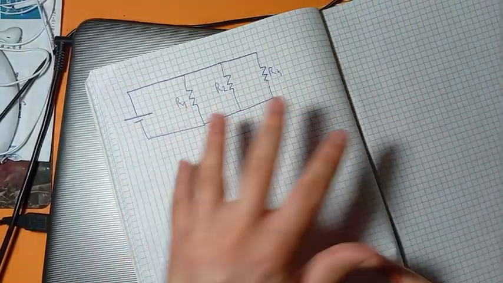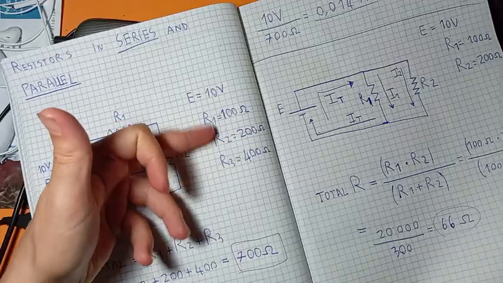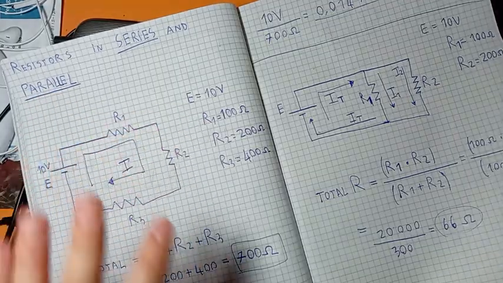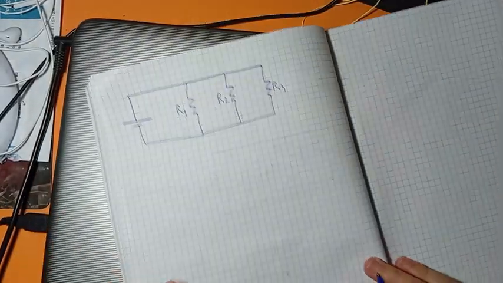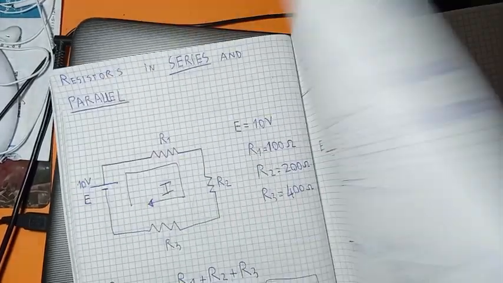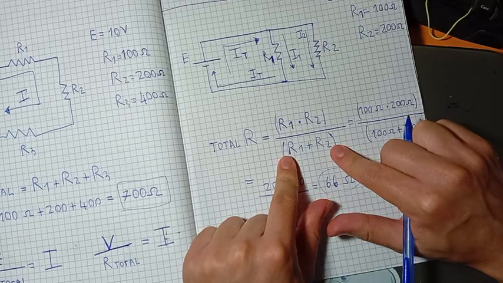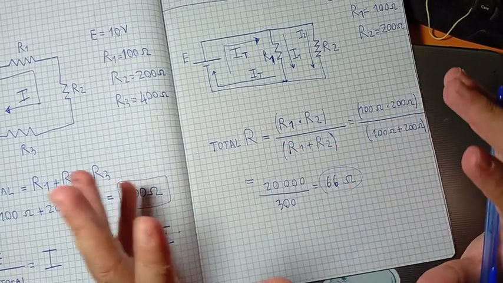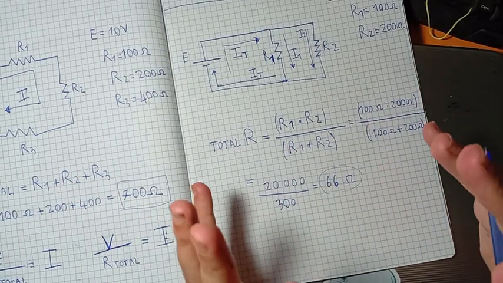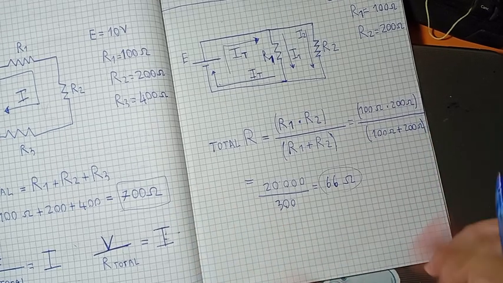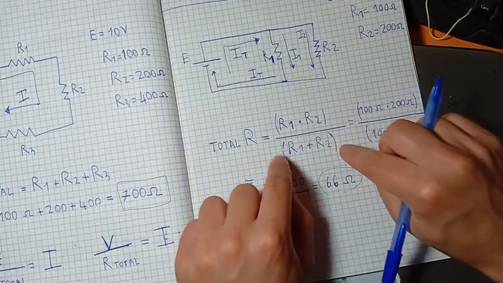Let's imagine their values are the same values, okay. But I have three resistors. When I have more than two resistors in a parallel configuration, I cannot calculate the total resistance in this way.